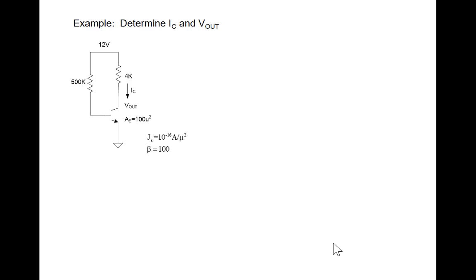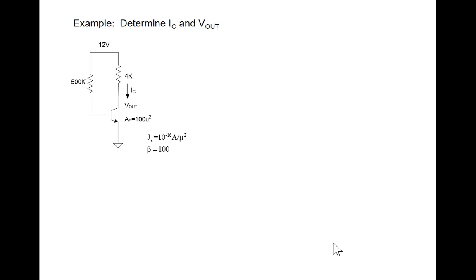Oh, I forgot to use something. What did I forget to use here? JS and A. I didn't use these terms here. Why didn't I use them? Didn't need to. You may have information that's not relevant. So it tells you this circuit is not particularly sensitive to some of the model parameters.